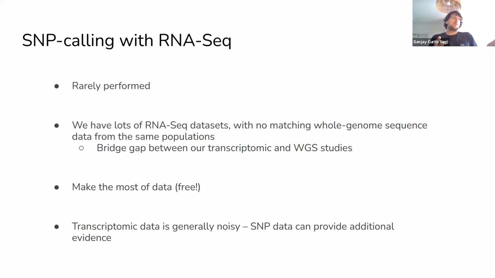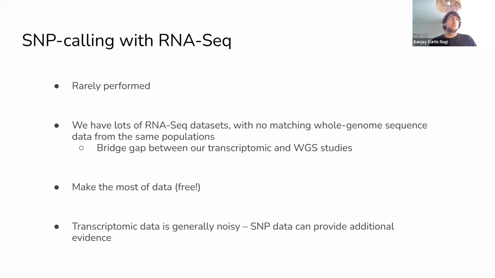As I said, we're already doing this for differential expression purposes. So all of this extra information that we're getting by calling SNPs, it's free. You know, we're really making the most out of our data, which is quite nice. The other thing is that transcriptomic data is generally quite noisy in itself, and so we often have thousands of differentially expressed genes as well.